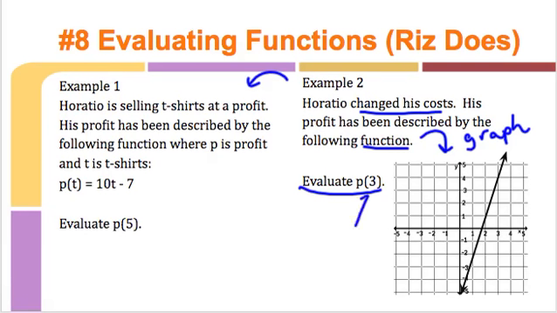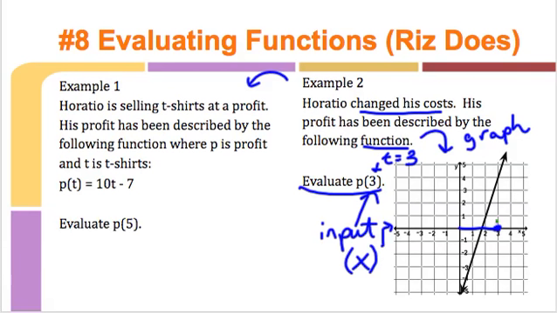Now again, this is the input. And remember from one of our first lessons, input is kind of like the x, or is the x-axis when we're looking at this. So let's go ahead and find where x equals 3, or where t equals 3. So I'm going to go ahead and do that. 1, 2, 3. I know that's right here. But now I need to find where it intersects the line.